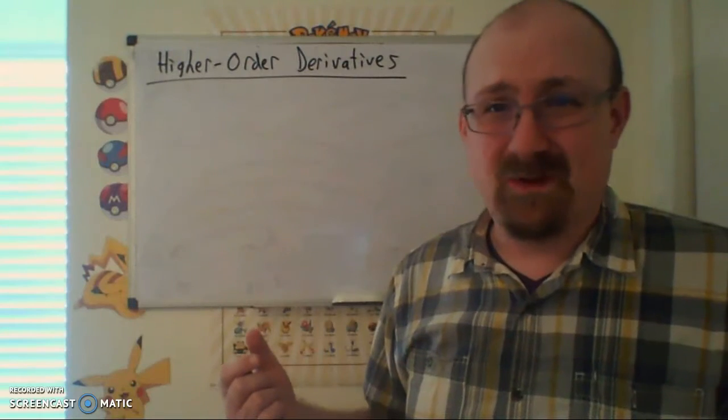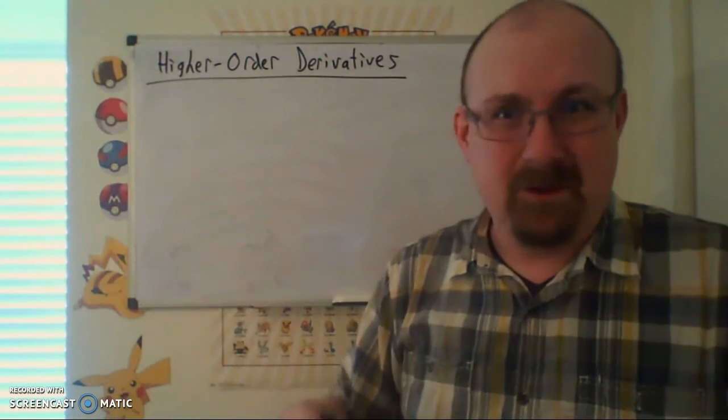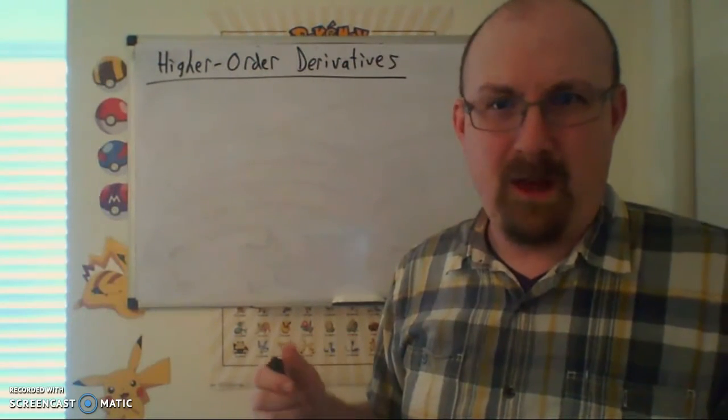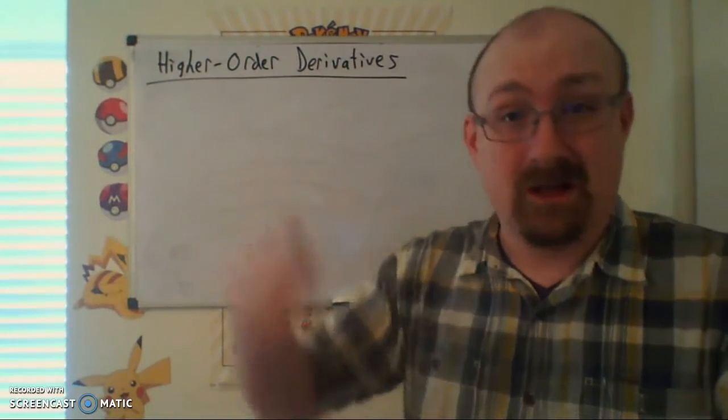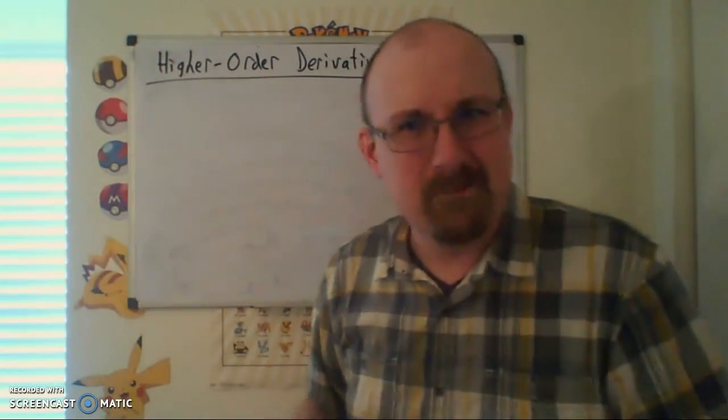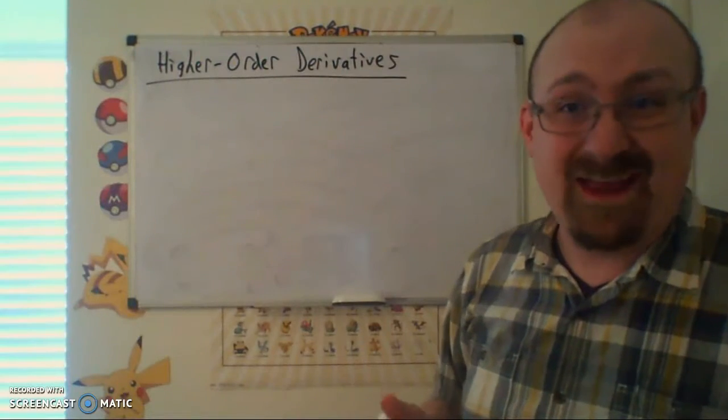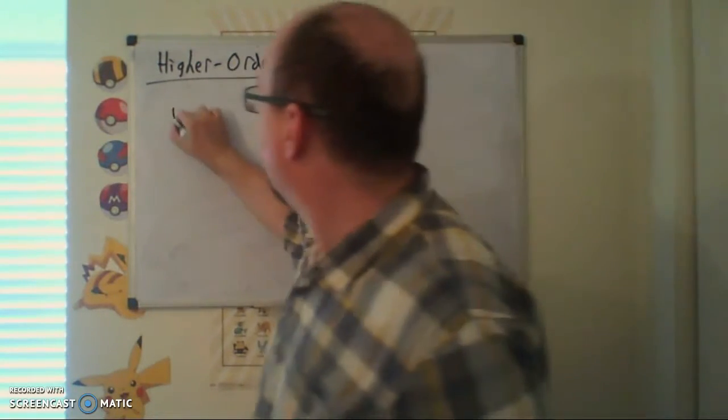Most of our operations, we end up seeing what happens when they stack up on each other. Like when you first learned how to multiply numbers together, you thought of repeated additions, right? Or exponents are like repeated multiplications. That same principle. Derivatives are the same way. They stack up on themselves.